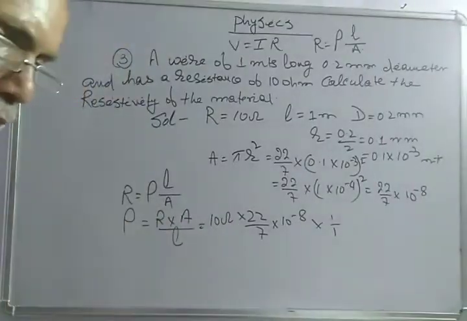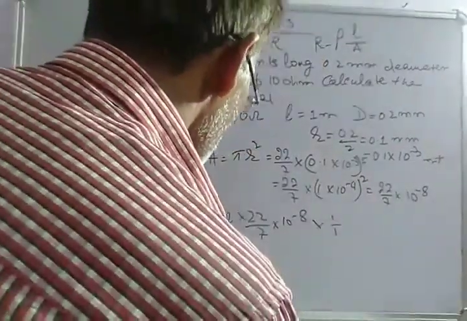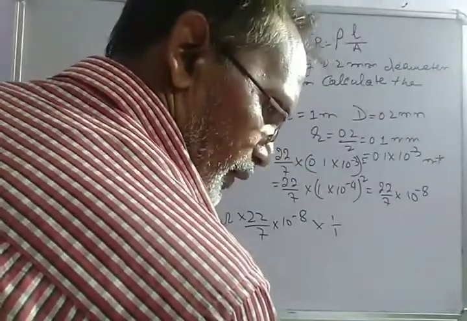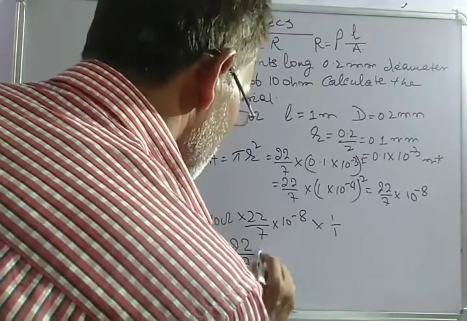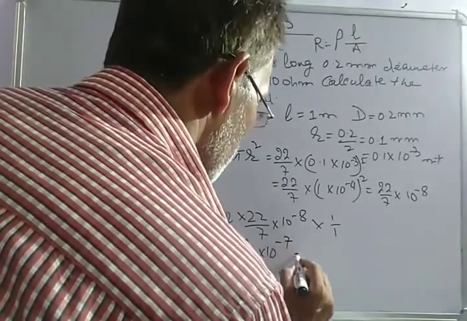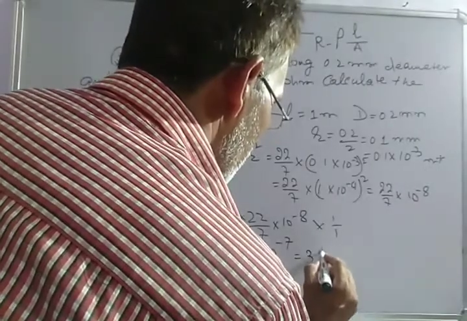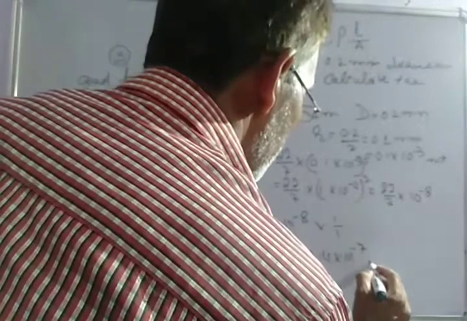So when we calculate this one, this is equal to 22 by 7 into 10 to the power minus 7. So this is equal to 3.14 into 10 to the power minus 7 ohm meter.